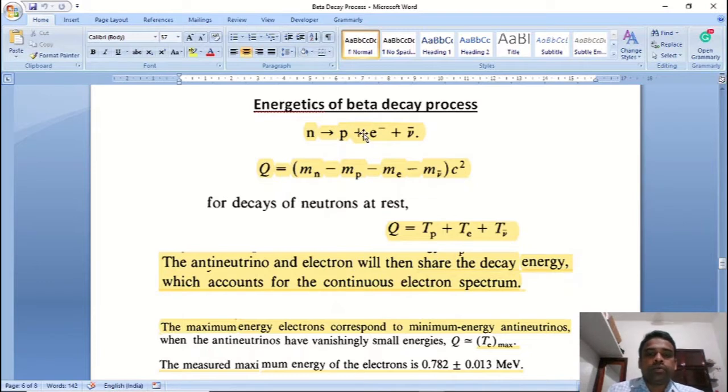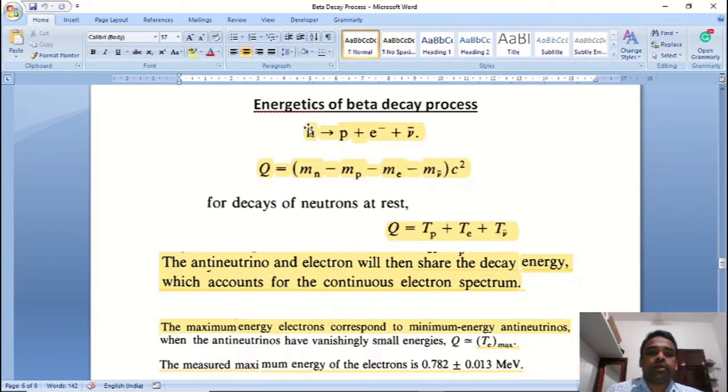So when we calculate the Q energy, the dissociation energy, the Q value of this process, that is simply the delta mc square, mass energy equation. This is the change of mass during this process.